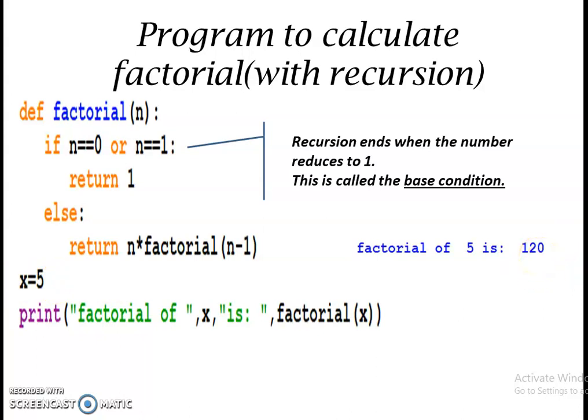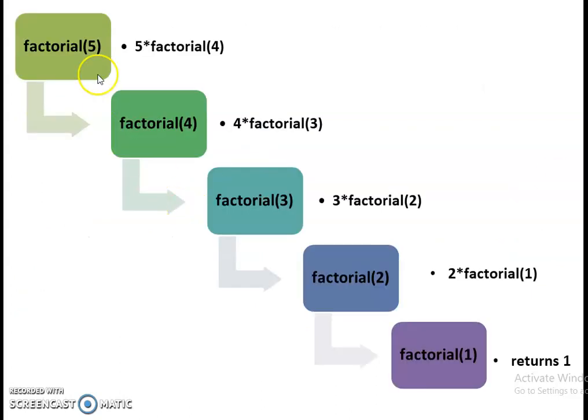Now let's understand this recursion using a diagram. Here we are invoking factorial with value 5. Inside factorial 5 we have the else statement. Inside else we are returning 5 into factorial 4. Now we are invoking factorial with value 4.